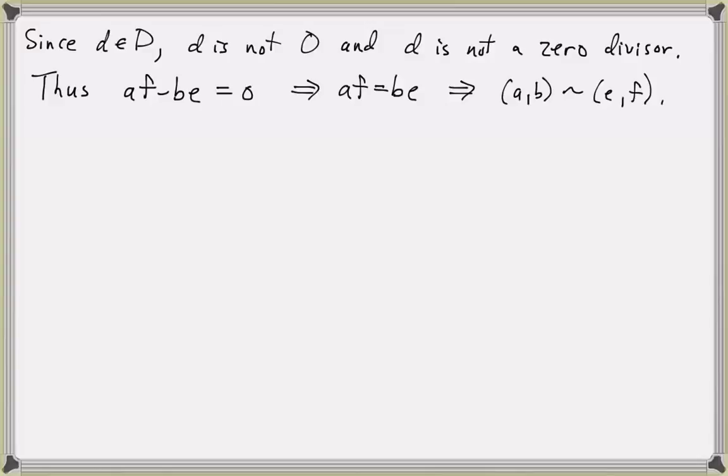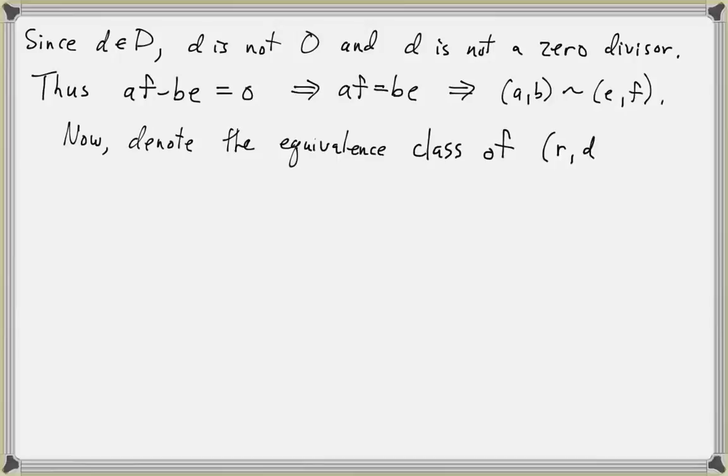So now I want to denote the equivalence class of RD by the fraction R over D. So this will be the set of all ordered pairs AB, where A is in R and B is in D, and AB is related to RD.